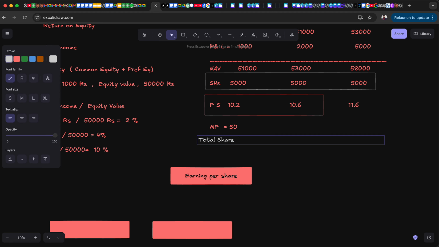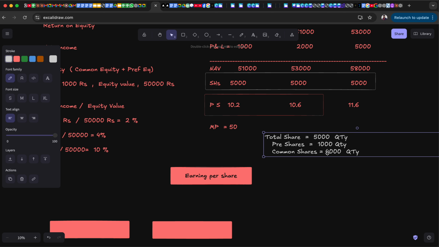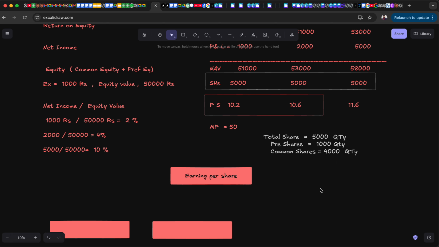Total shares 5,000, preference shares, let's say 1,000, and common shares quantity. Let's say this is the breakdown of the company's total shareholding pattern. Means the company has preference shares, the company has common shares.